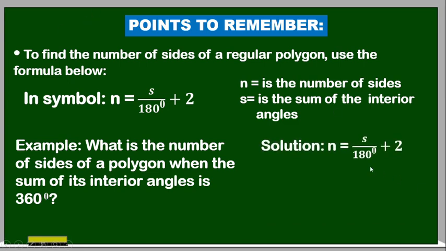Solution: start with the given formula, n equals S over 180 degrees plus 2. That is 360 degrees divided by 180 degrees, which is 2, plus 2. The number of sides is 4.